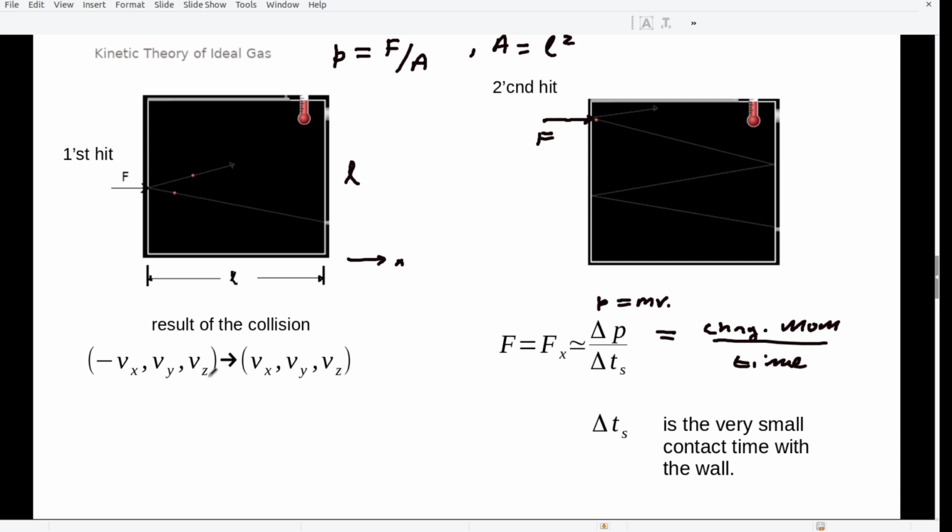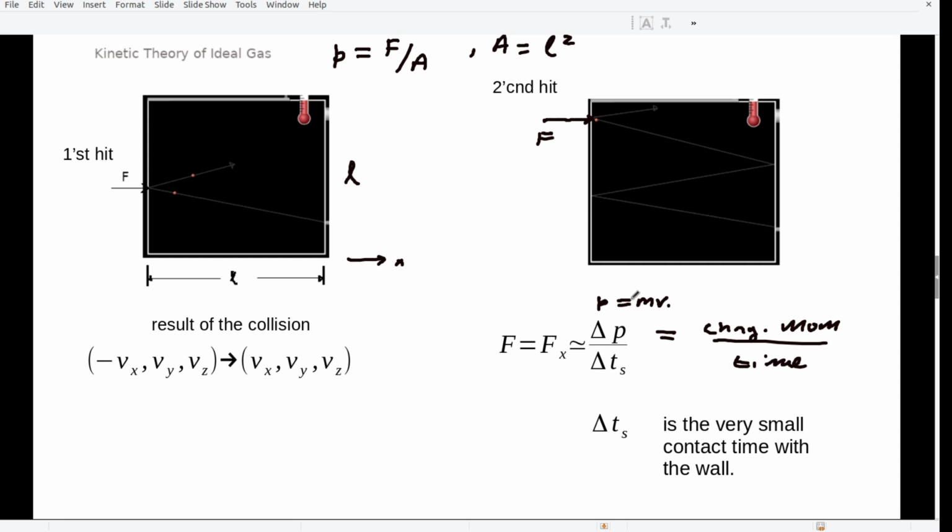Each 1D component of the motion describes the motion in that component direction, and then we just take the complete motion to be the sum of the motion in all the directions. So here, if we look at what happens at the wall, the only component that gets changed is the x component of the motion, and that just gets turned around to be the opposite of whatever it was.